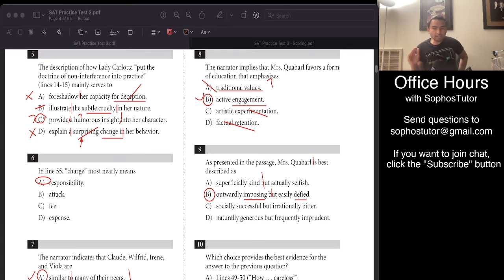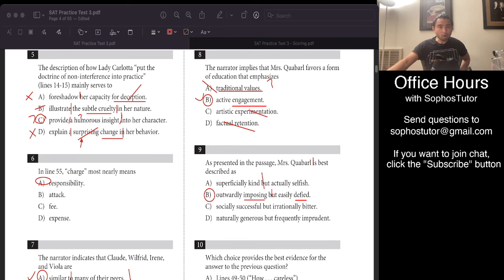Again, it's not easy, and it does push you to really be clear about definitions, right? So are you really clear about the definition of surprising, like we dealt with in question 5? Are you clear with the word imposing and outwardly imposing?